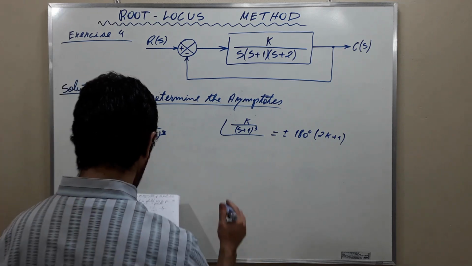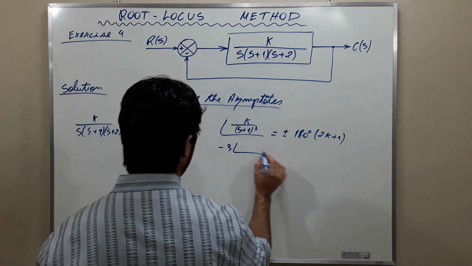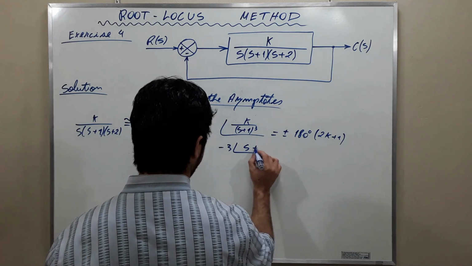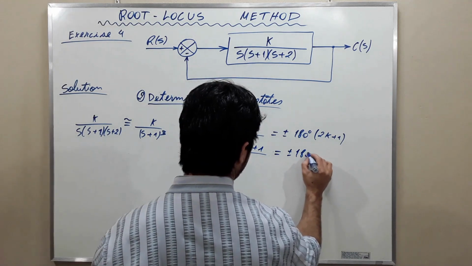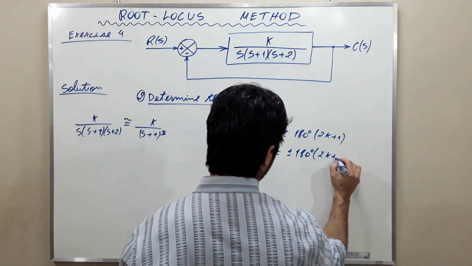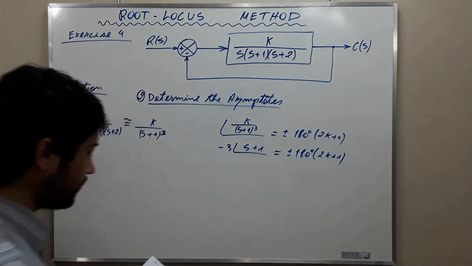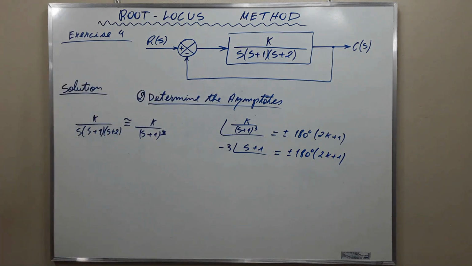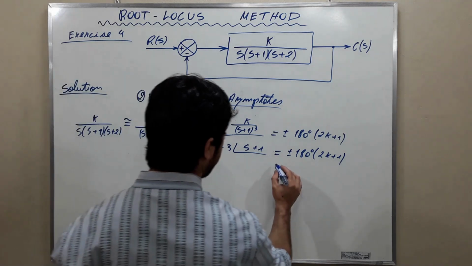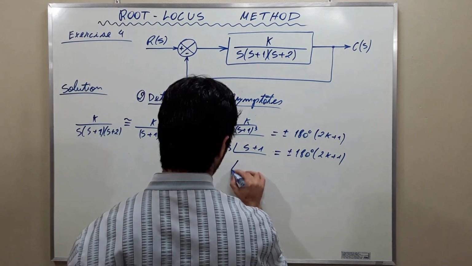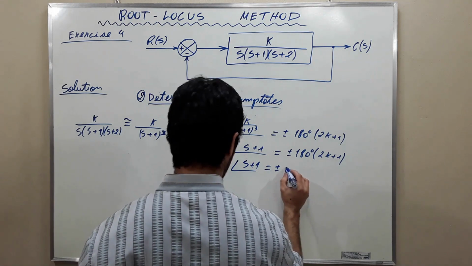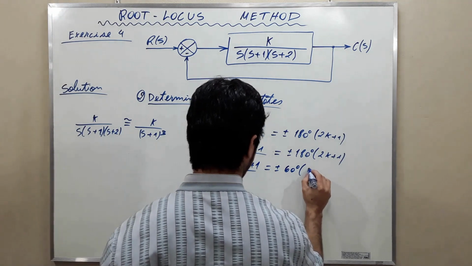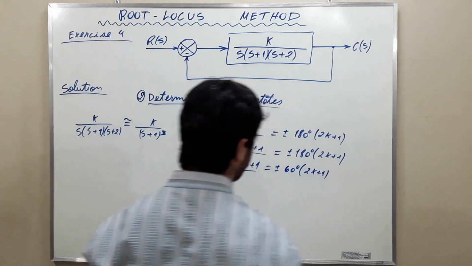A root locus given by this equation consists of 3 straight lines. Okay? So, minus 3 times the angle of s plus 1 equal to plus minus 180 degrees times 2k plus 1, which leads to the angle of s plus 1 equal to plus minus 60 degrees times 2k plus 1.